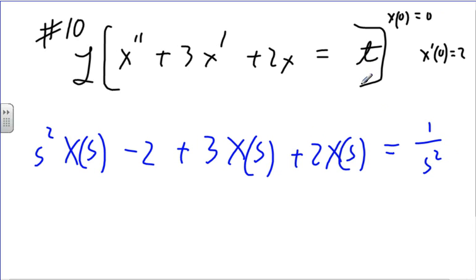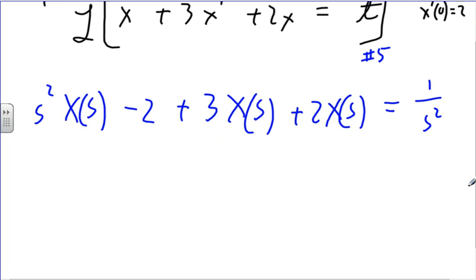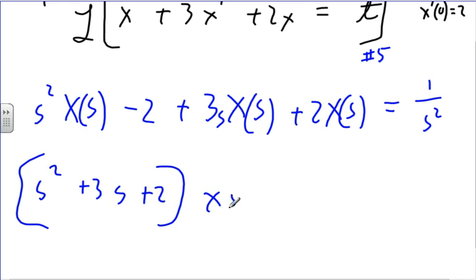So the t, if I look at number 5 in my Laplace transform table, I see the t becomes 1 over s squared. If I don't remember that, that's where I get that from. Okay, I've got an s squared plus 3s plus 2 times x of s is equal to 1 over s squared.